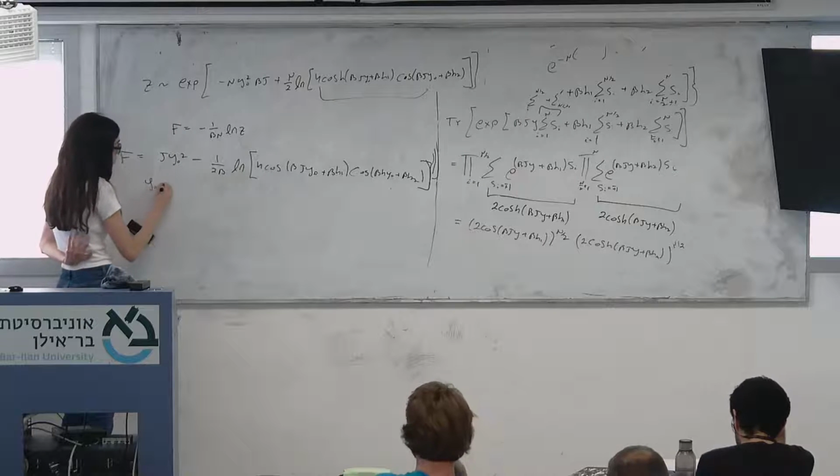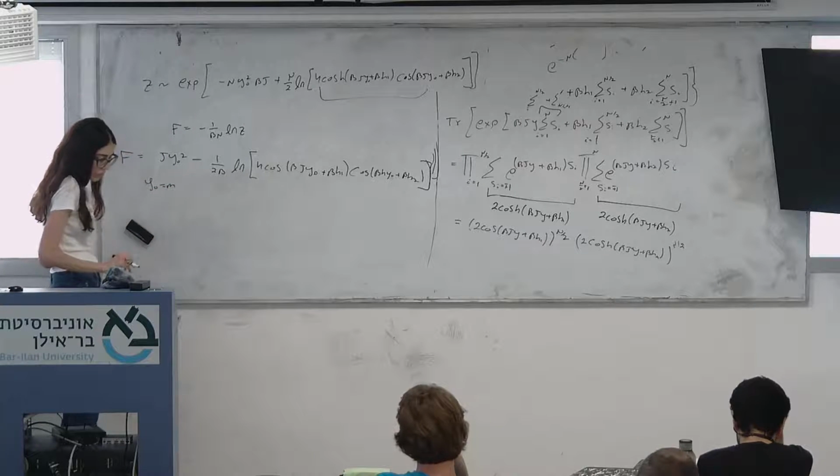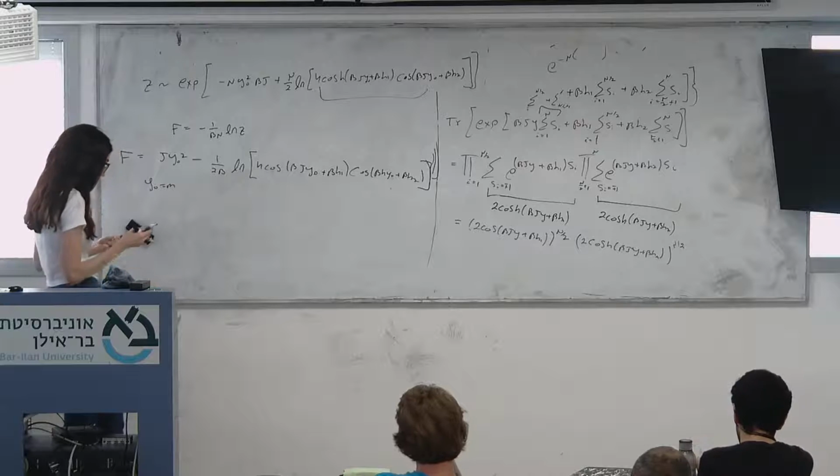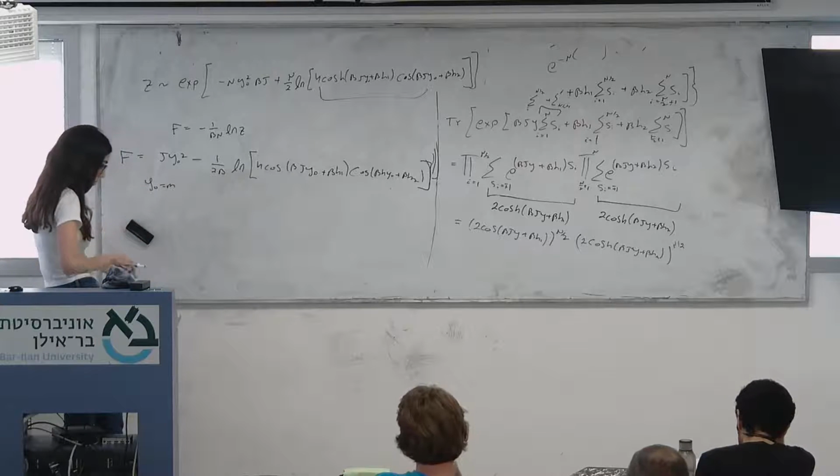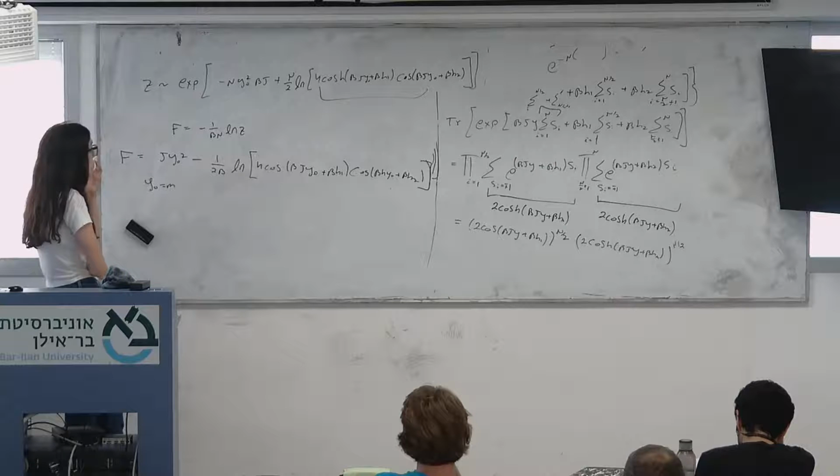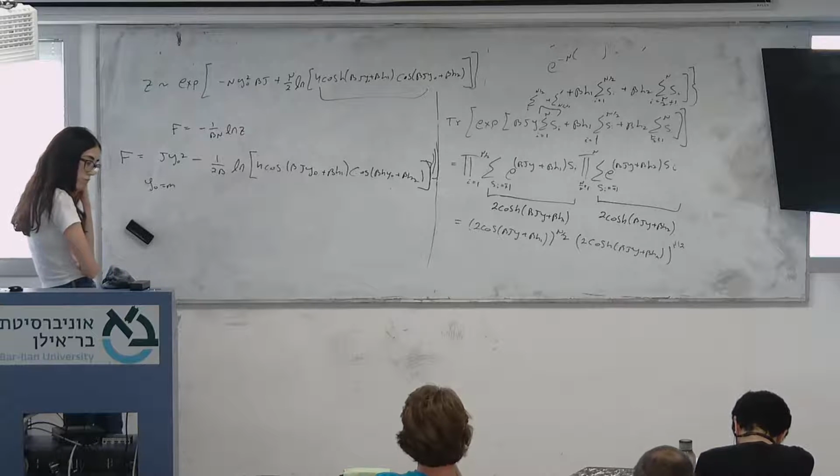But again, y0 is just the sum of the average of both.